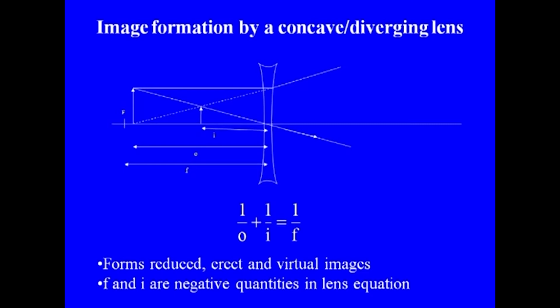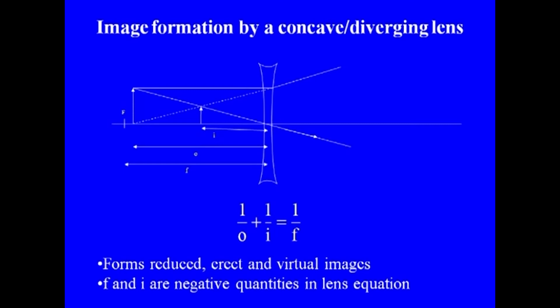As you can see here, wherever you place the object on the left hand side of the lens, it always forms a reduced, erect and virtual image. Virtual image because it does not form a real image, and the virtual image is formed on the same side of the lens where the object is placed. As you can see, this object is placed and the image is also being formed on the left hand side.